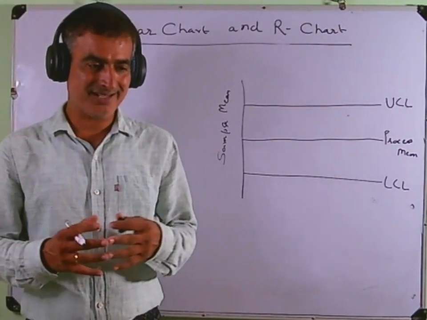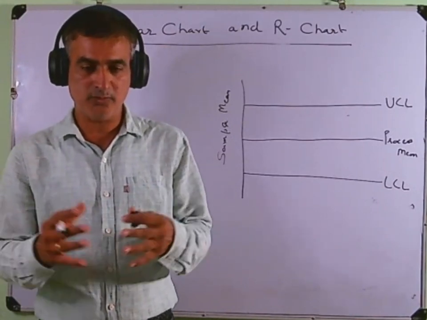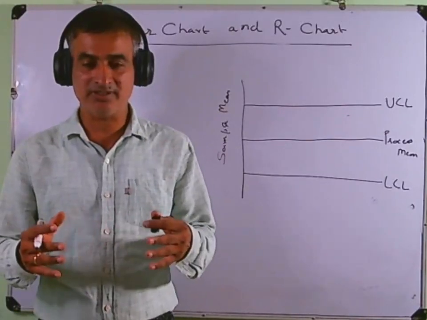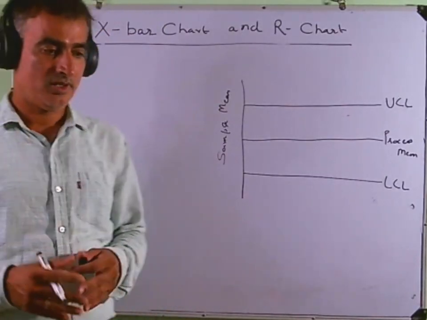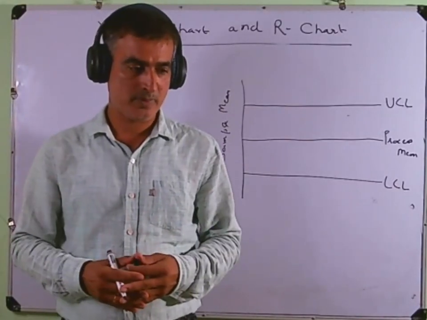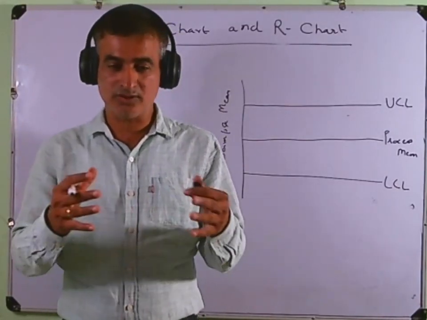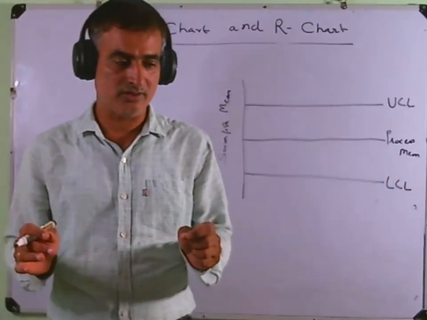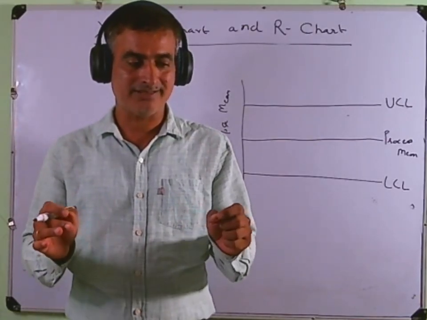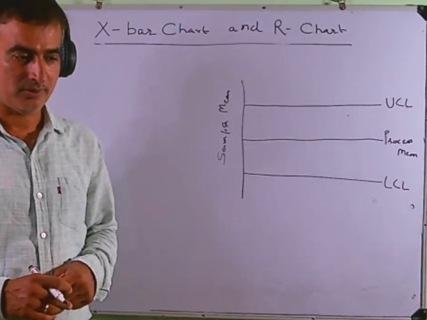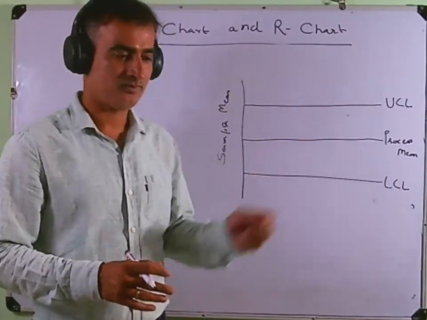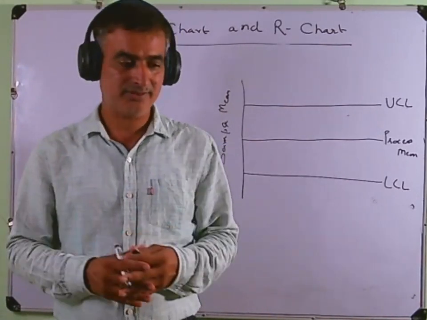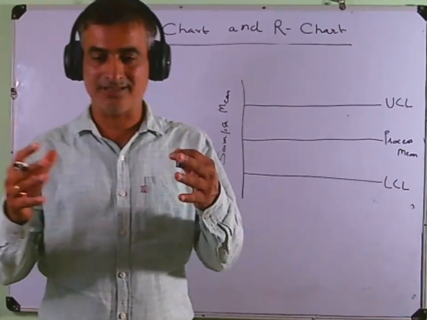Now, as we know, the X bar chart is used if the quality of output of the process is measured in terms of variables such as length, temperature, weights, and so on. In that case, the decision to continue or to adjust the production process will be based on the mean value found in the sample of the output. The center line of the chart corresponds to the mean of the process when the process is in control.